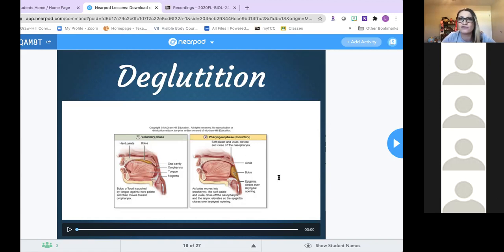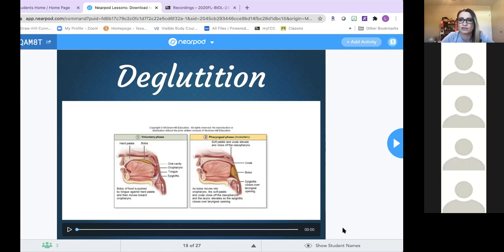It takes about 5 to 8 seconds for the bolus to pass into the stomach from the point of swallowing. The esophagus has to pass through the diaphragm, and the opening in the diaphragm that has to be there is known as the esophageal hiatus.